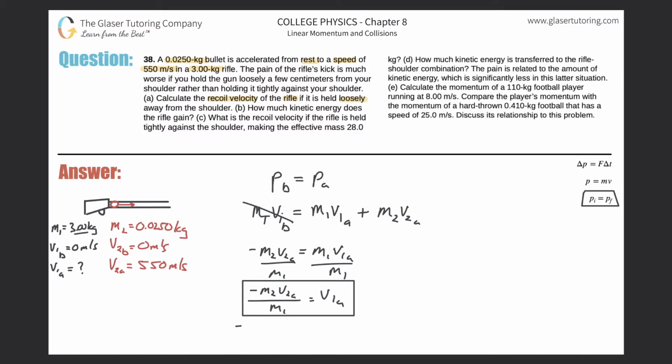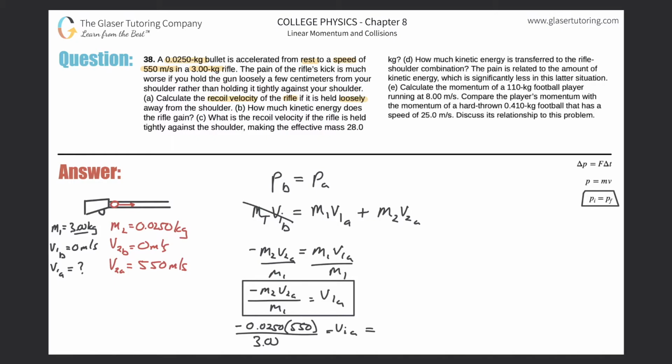So m2, the mass of the bullet, is 0.0250. The velocity of the bullet after the explosion inside the chamber is 550 meters per second, all divided by the mass of the gun, which is 3 kilograms. And that will then equal v1a. Let's plug it into the calculator: negative 0.025 times 550 divided by 3.